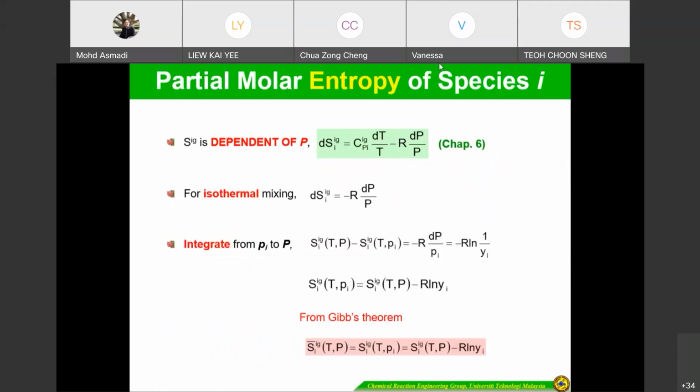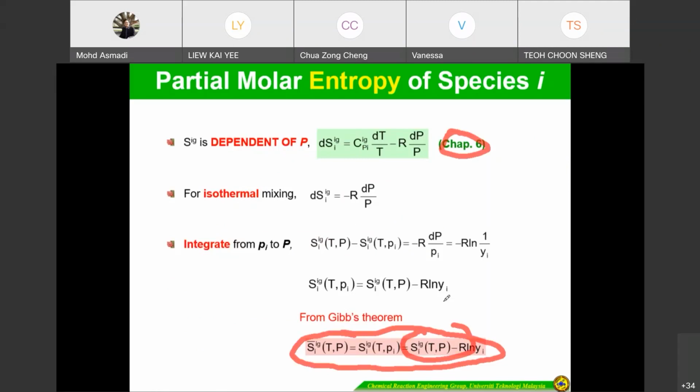For the entropy change of mixing, you have to use this equation from chapter 6. Once you rearrange, you can get this equation, S_i^ig. If you change this one, this one is going to be the same.